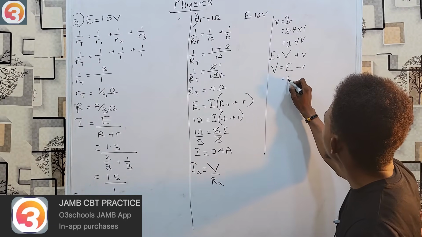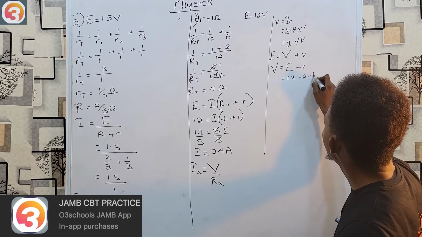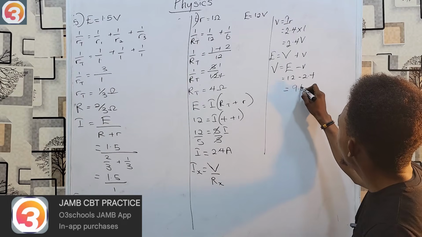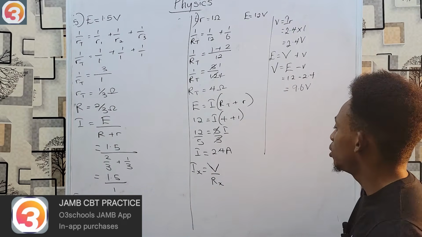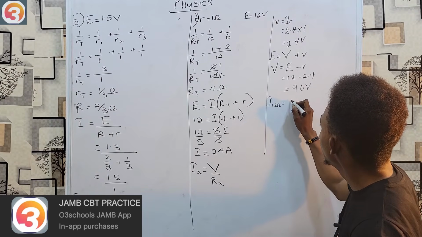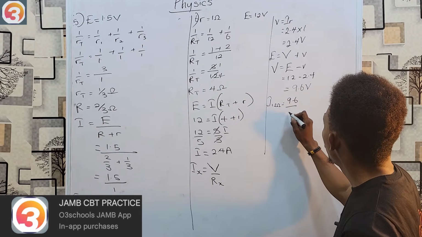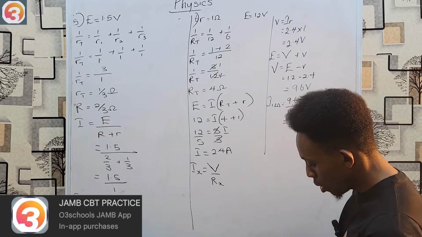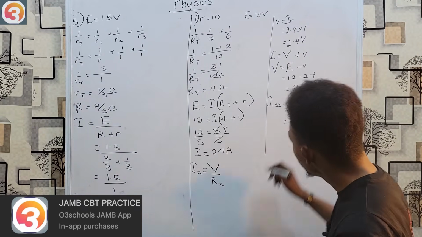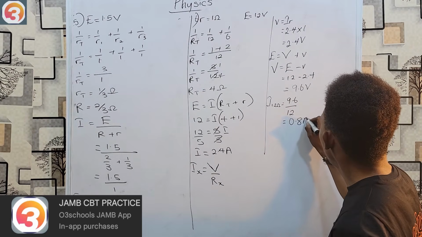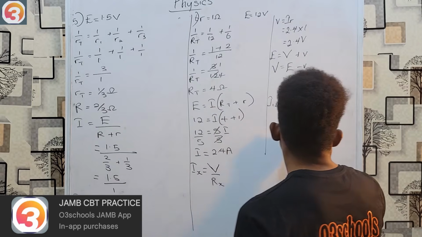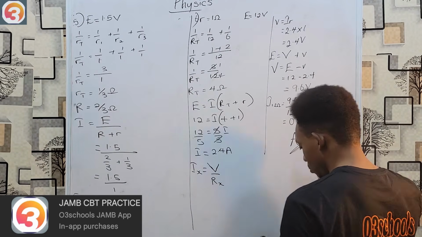So that will be 12 minus 2.4, which gives you 9.6 volts. That means the current across the 12 ohm resistor will be 9.6 over 12. And using your calculator, 9.6 divided by 12 gives you 0.8 ampere. And that is option A.